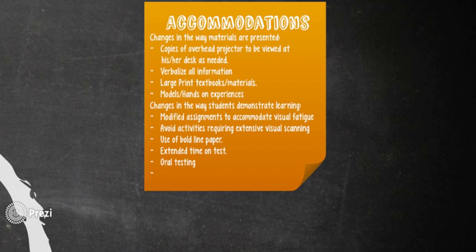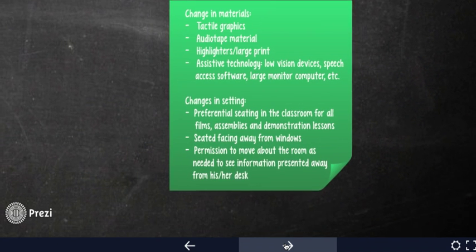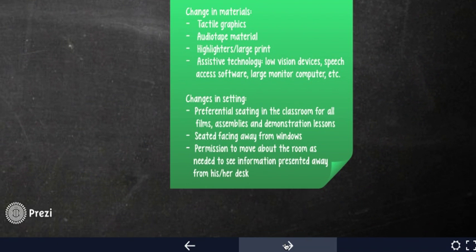The last two changes in the way students demonstrate their learning are extended time on a test and oral testing. Changes in the materials students can use are tactile graphics, audio tape material, highlighters, large print, assistive technology, low vision devices, speech access software, and large monitor computers.